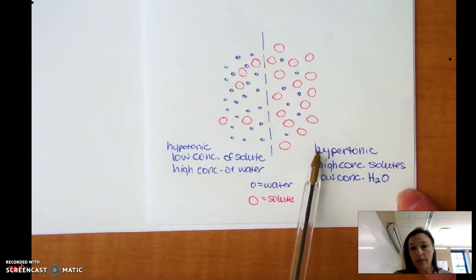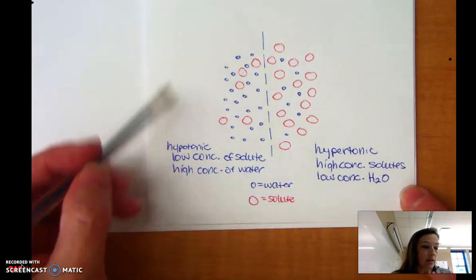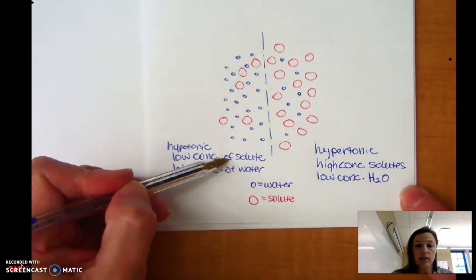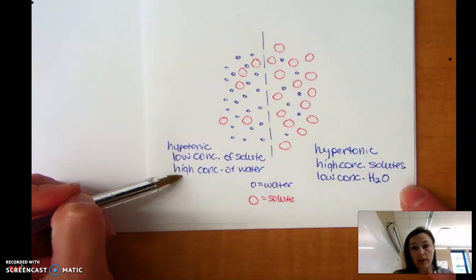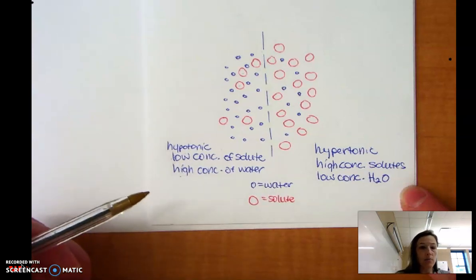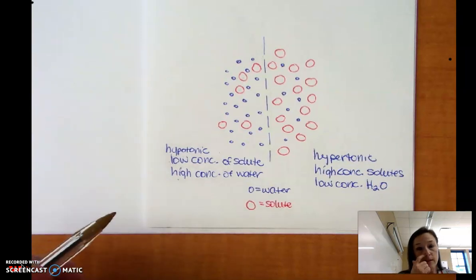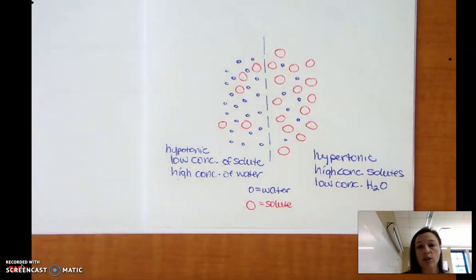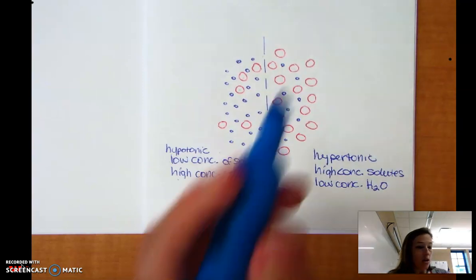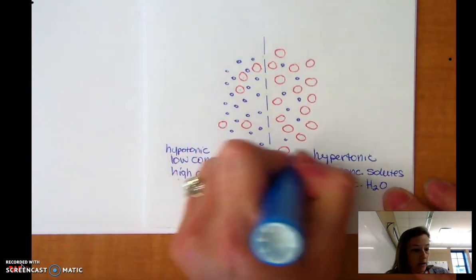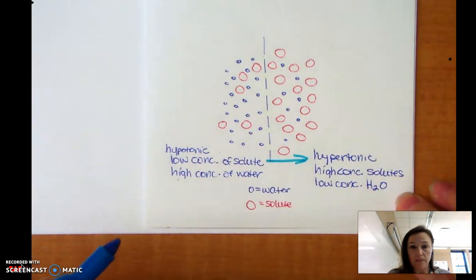You're never going to have one without the other. And the other thing to note is whatever your concentration of solutes is, your concentration of water is going to be lower. Like I mentioned a minute ago, osmosis is the movement of water from a high concentration to a low concentration. And if you'll remember, I also said that water always moves towards the hypertonic solution.